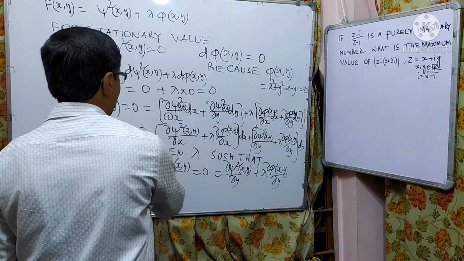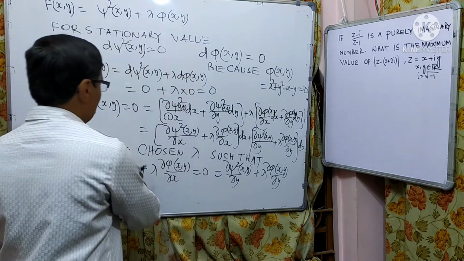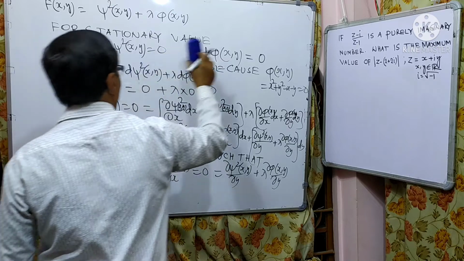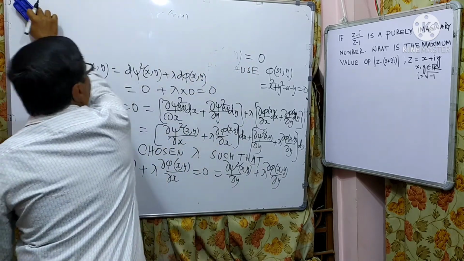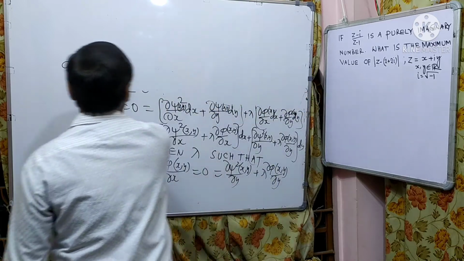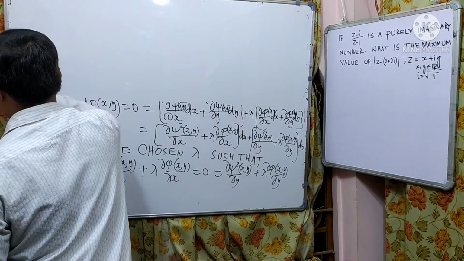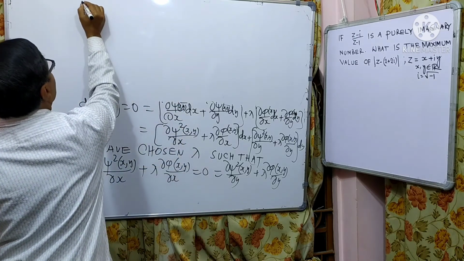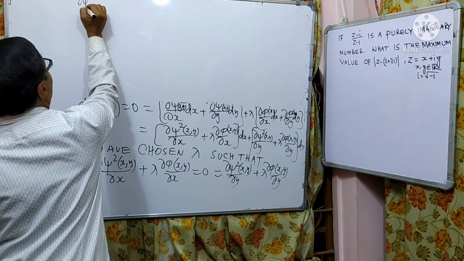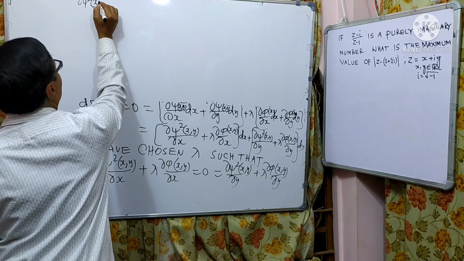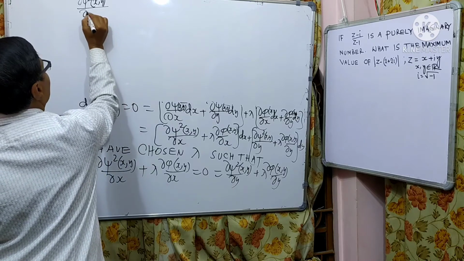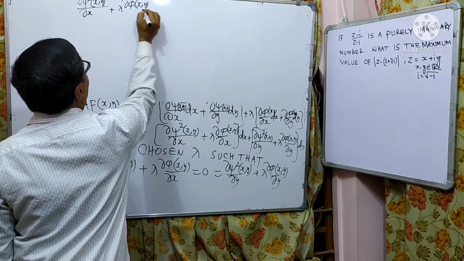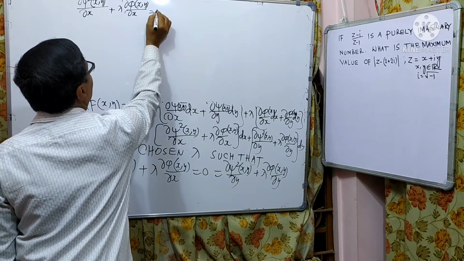Here we have got these two equations, this equal to 0 and this equal to 0. So from this equation, that is del psi square xy over del x plus lambda del phi xy over del x equal to 0.